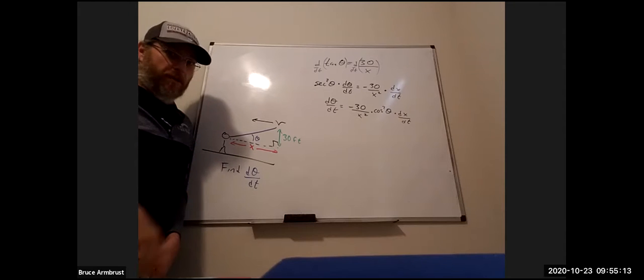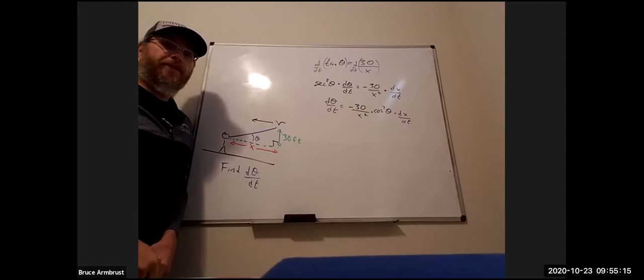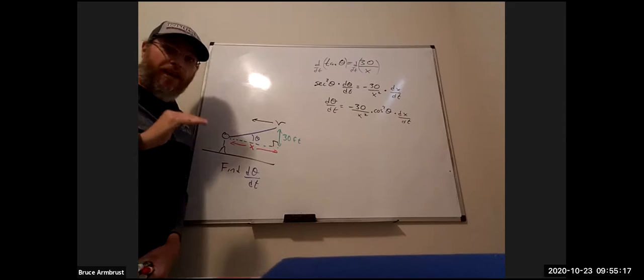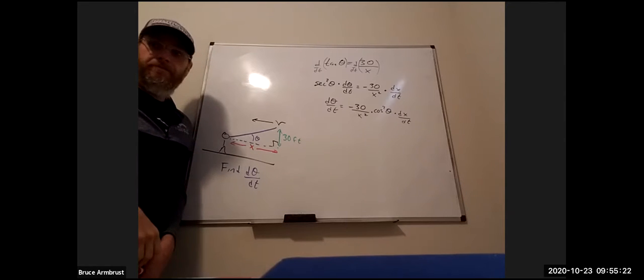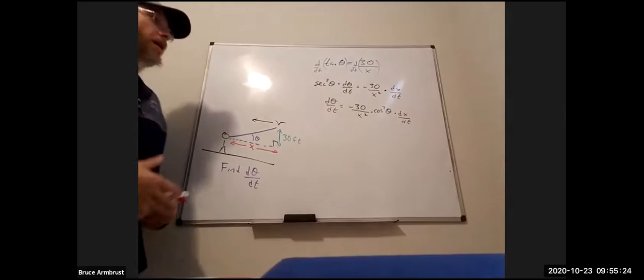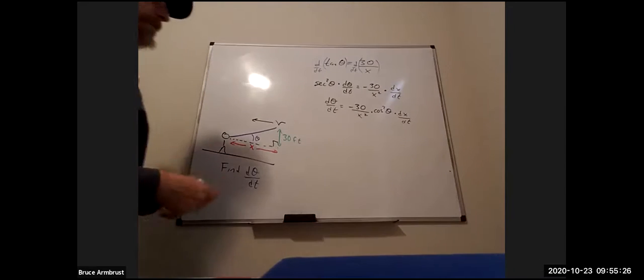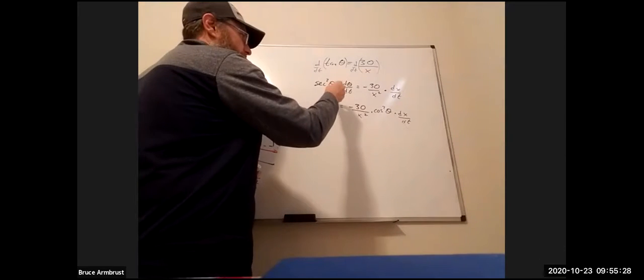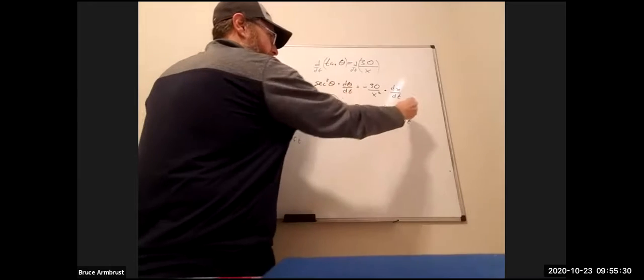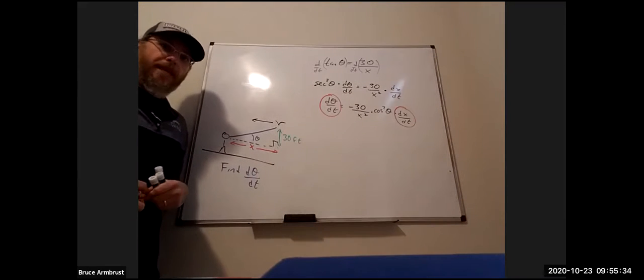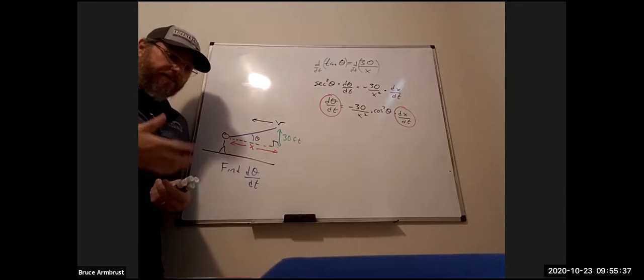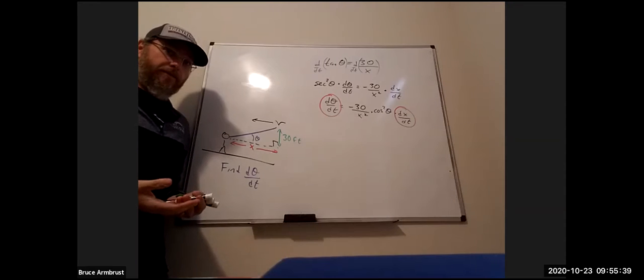I would just rather have cosine. If you want to leave it as minus 30 over x squared secant squared, go for it. Doesn't matter. All right, well, check it out. Here are two rates of change. d theta dt and dx dt, and they are related to each other. Hence the name related rates.